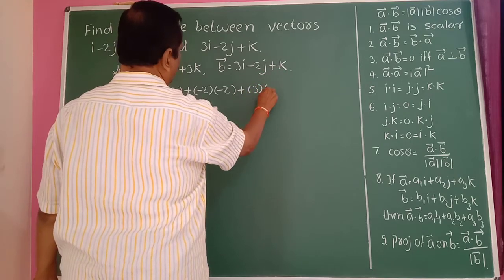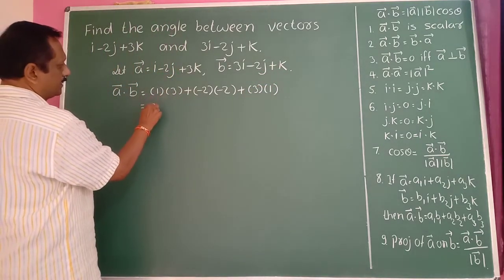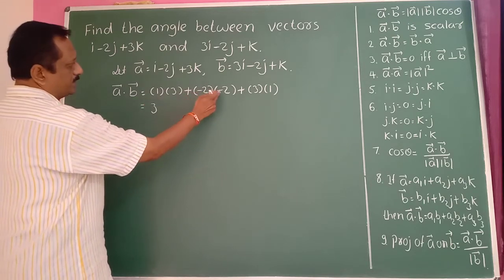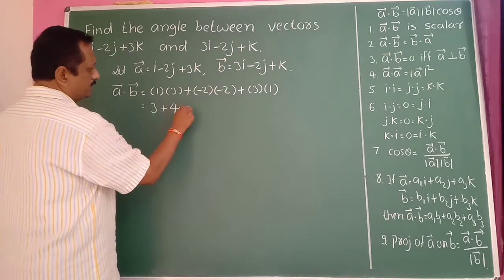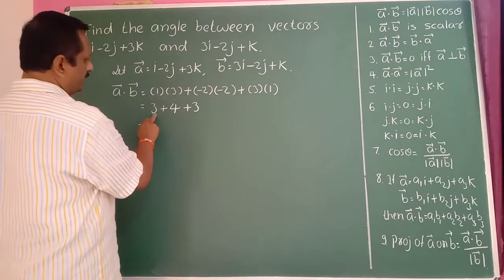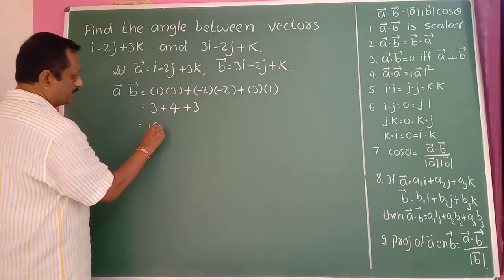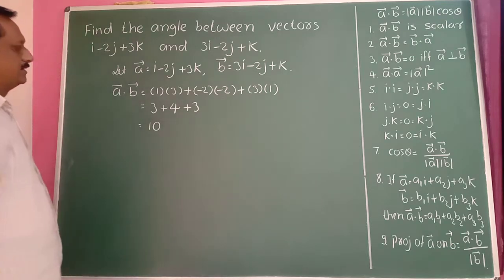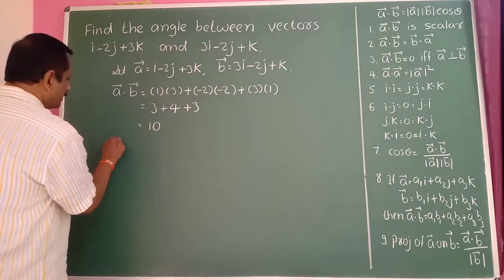This is equal to 3, plus 4, since minus into minus is plus and 2 twos are 4, plus 3. So 4 plus 3 is 7, and 7 plus 3 becomes 10. So a bar dot b bar is 10.